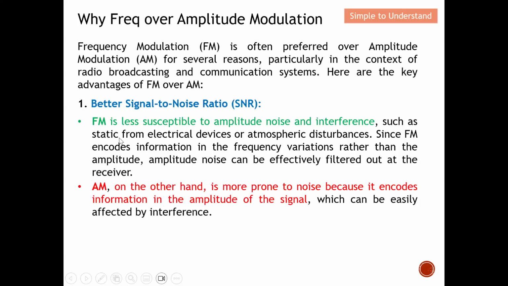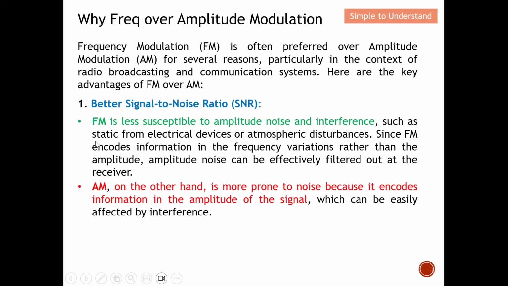FM is less sensitive to amplitude noise and interference, such as static from electrical devices or atmospheric disturbance. Since FM encodes information in the frequency variation rather than the amplitude, the amplitude noise can be effectively filtered out at the receiver.